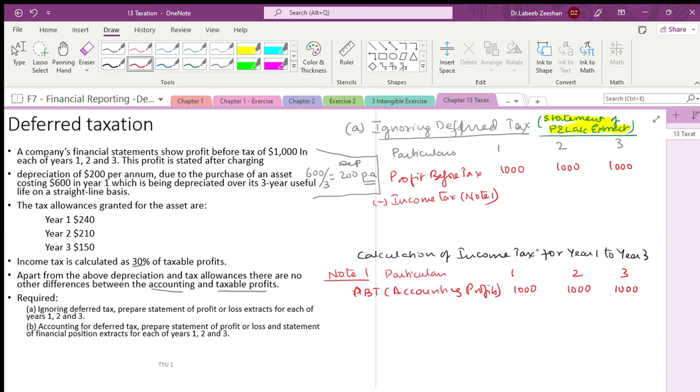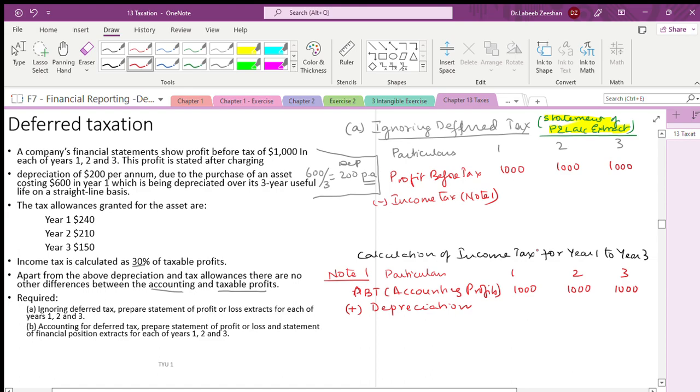Now, what they have mentioned is the accounting profits. Their profit is stated after charging how much? 200 per annum. Plus, to the accounting profits we have to add depreciation.